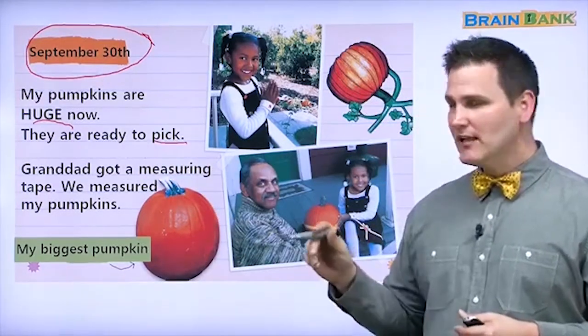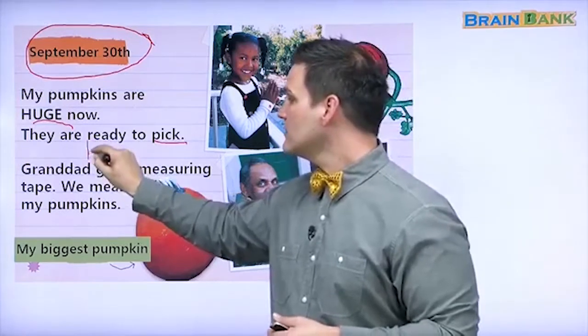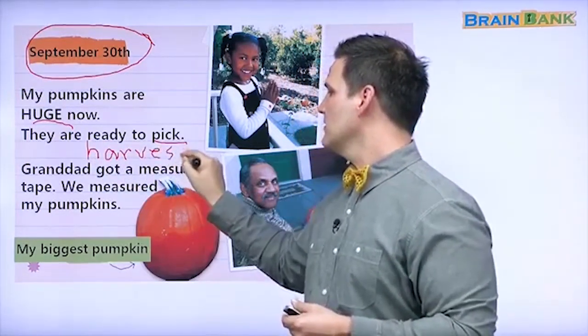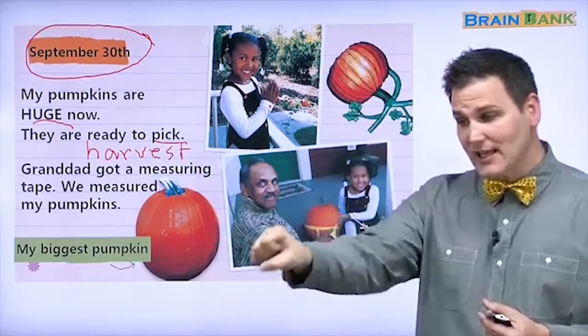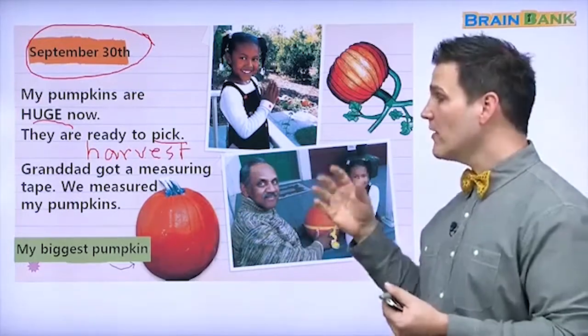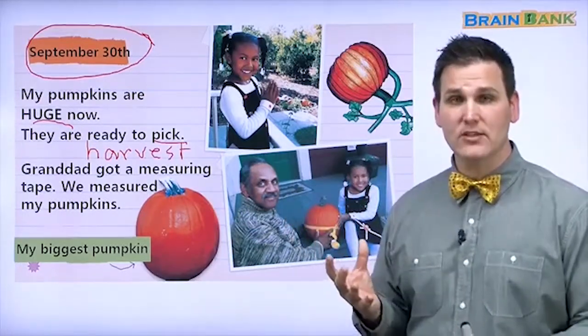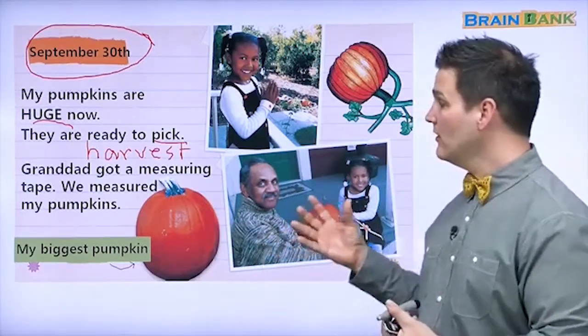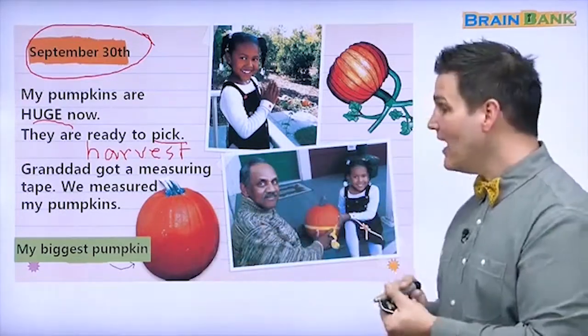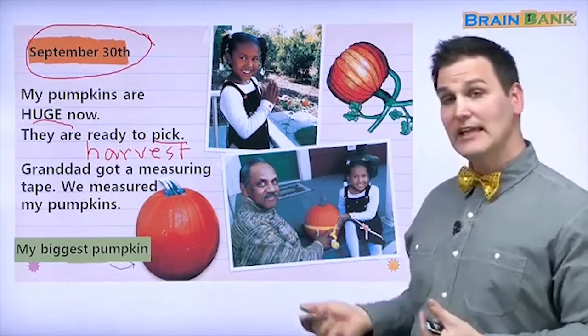Do you remember pick here means to harvest. It means to take the vegetables or the fruit from the trees or the plants or the ground. So they're ready to harvest. They're ready to pick. And if I want, I can eat.